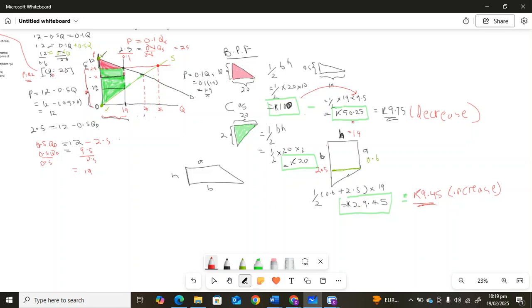Then the benefit for the suppliers has increased due to the price floor.